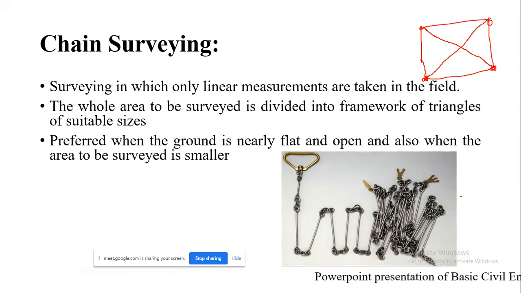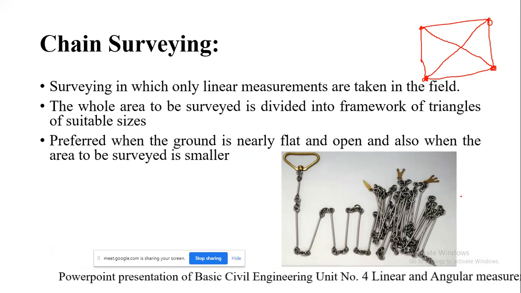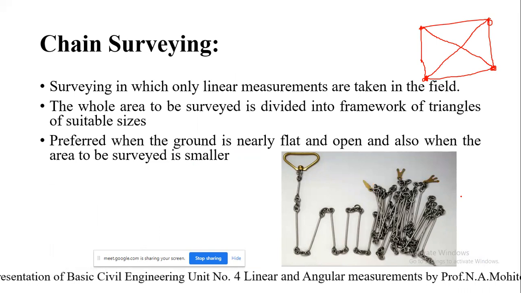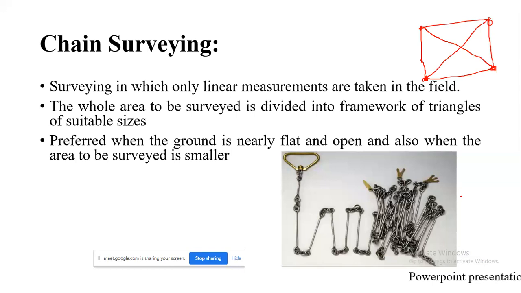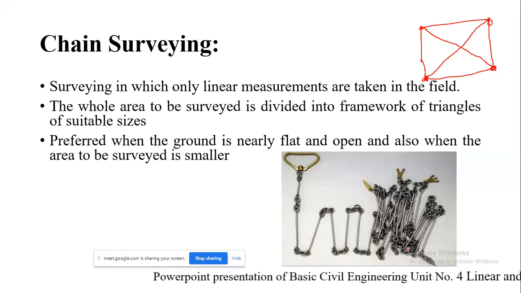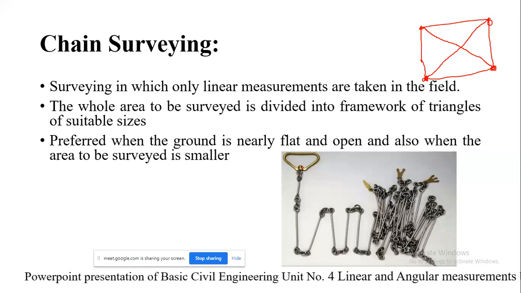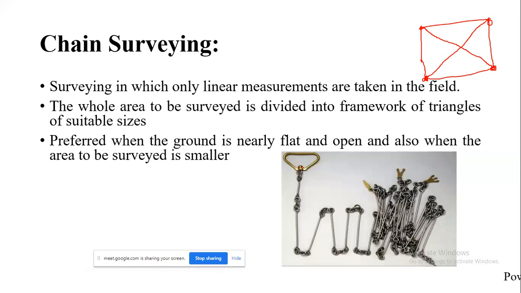There are certain ISI recommendations: tallies should be provided after every 5 meters, and brass rings after every 1 meter. You can see here a groove which has been provided.